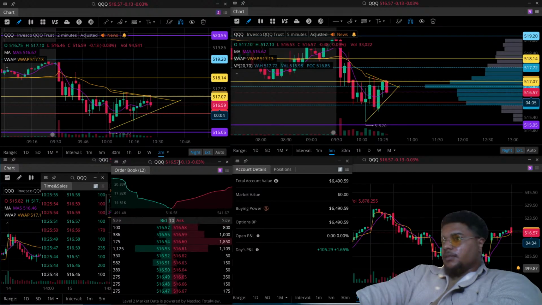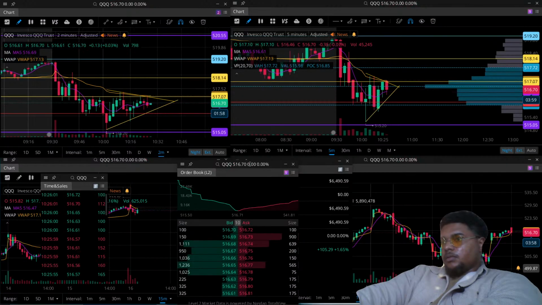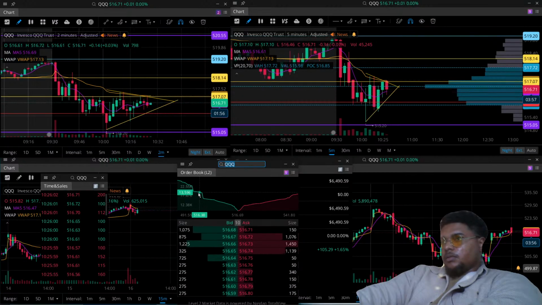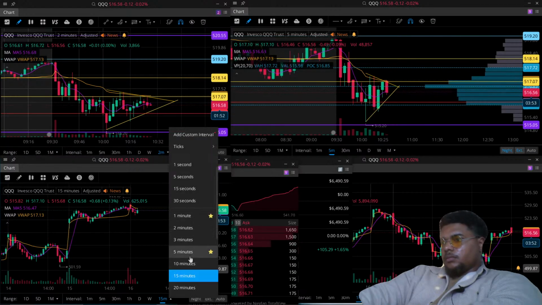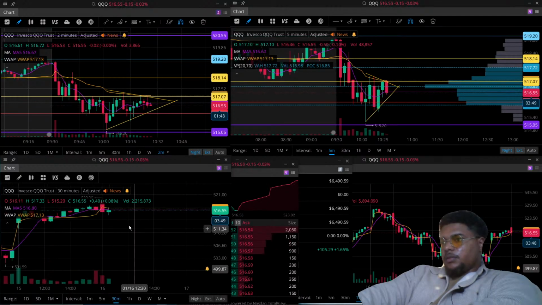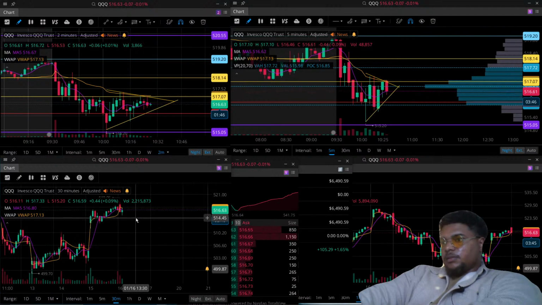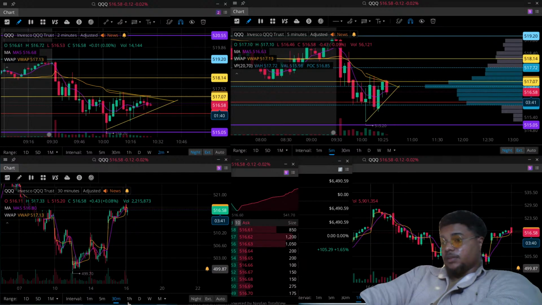So if you look at the 15-minute, and a 30-minute, it's a spinning top. So you kind of stay away from those until the market decides where it wants to go.